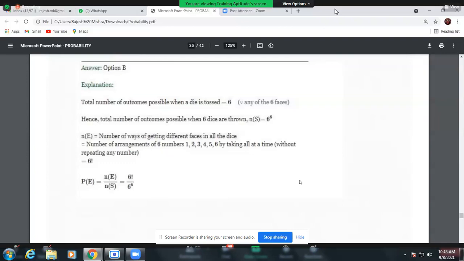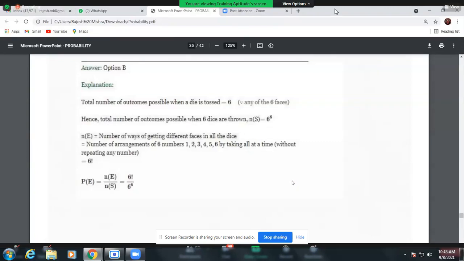Is this okay? Yes or no? अगर आप में से किसी को भी जरा भी दुविधा की स्थिति है, you are getting a little confused, stop me then and there, but I've explained it logically why it will be 6 factorial when I'm talking about the favorable outcomes. Total outcomes is understood. 6 times 6 is 6 to the power 6. But the favorable outcome, because remember what the language says.